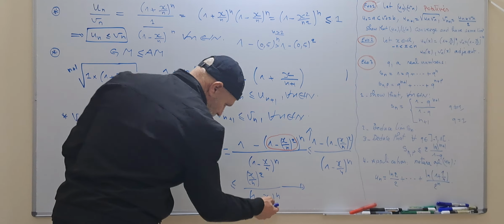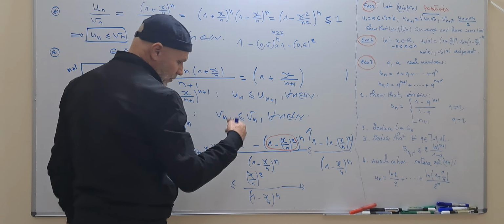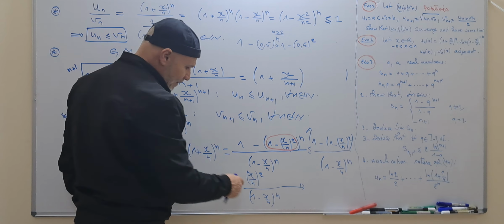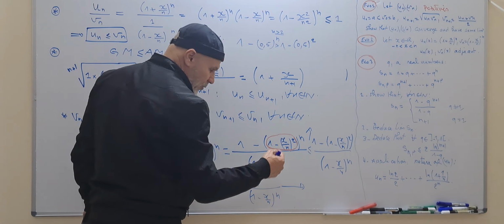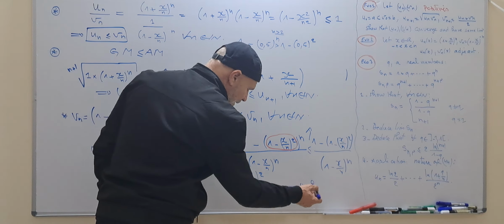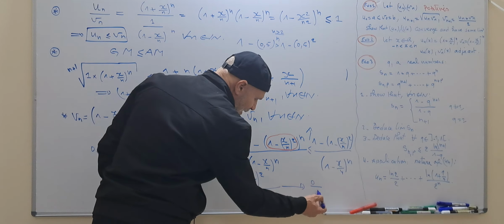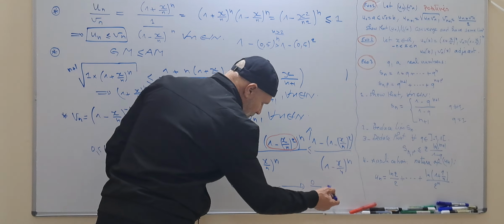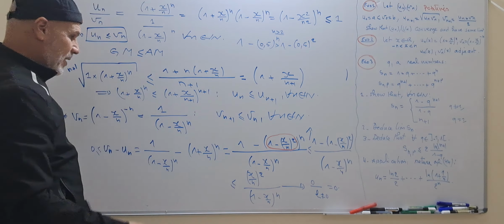And this goes to, since it is convergent, don't forget this, it converges to a finite limit L, but this one converges to 0, so we will have 0 divided by L, which is different from 0, and this is equal to 0.